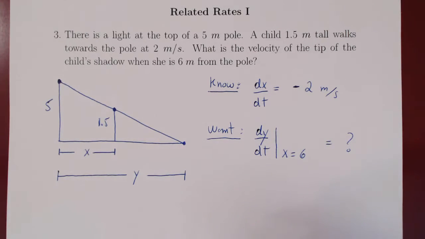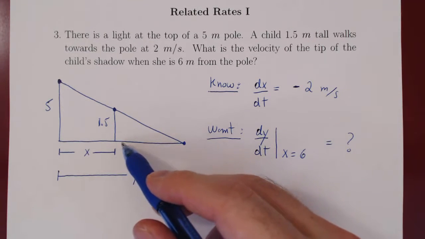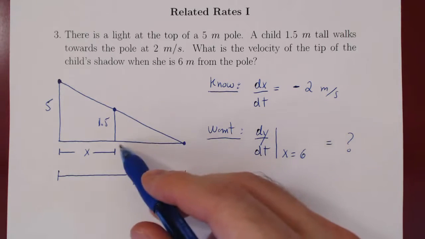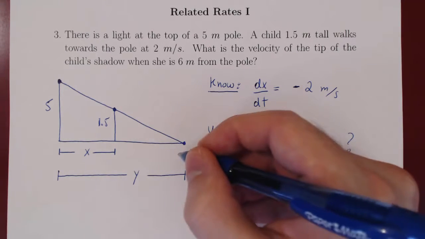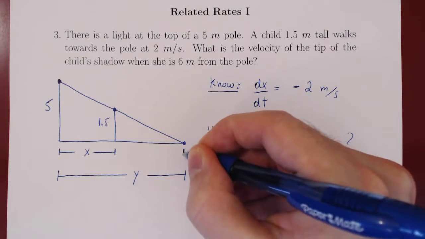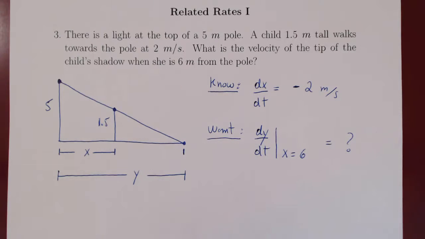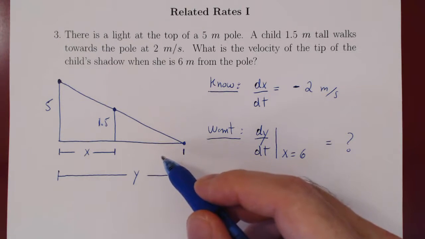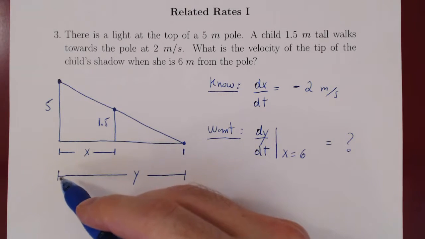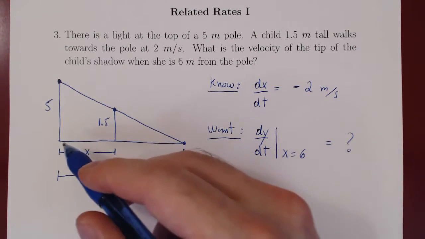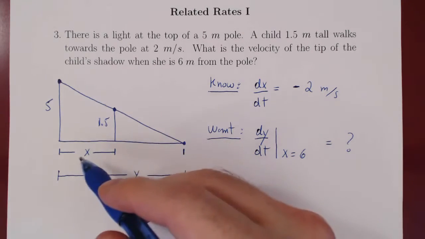Well, if you look at the picture, you may ask, what is the length of this segment? This will also be changing, so it's also a variable, but there is no need here to use a third variable, say z, because think of it. y is the length of the long line segment.